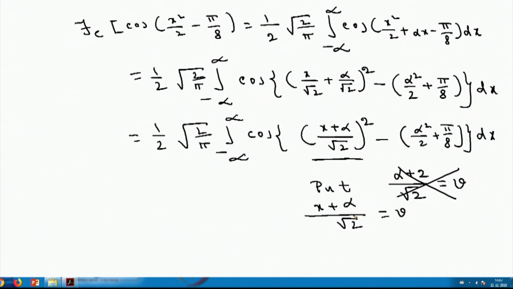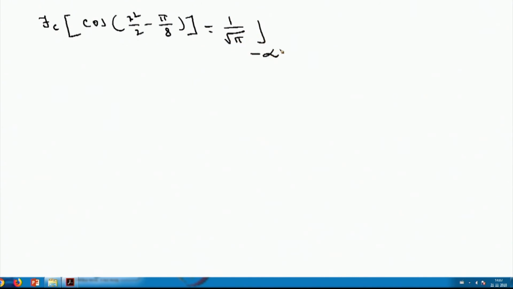If you substitute on this, what will you obtain? The Fourier cosine transform of cos of x square by 2 minus pi by 8 equals, by substitution, 1 by root 2, integral from minus infinity to infinity of cos of v square minus this term will remain same, that is alpha square by 2 plus pi by 8.